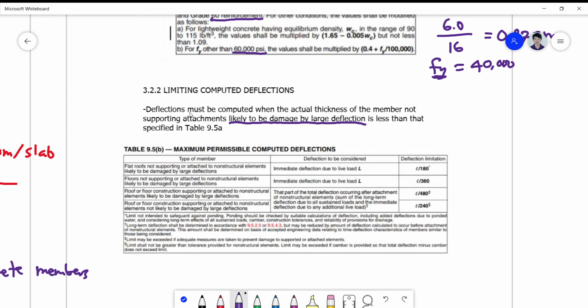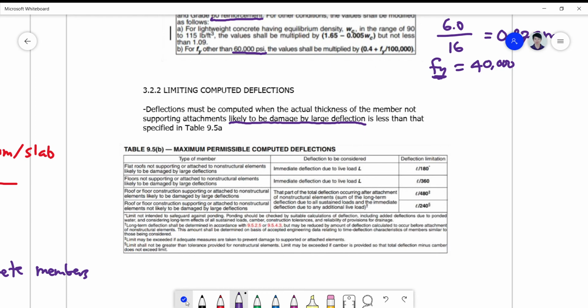So deflections must be computed when the actual thickness of the member, which are not supporting attachments a while ago, is less than that specified in table 9.5a.